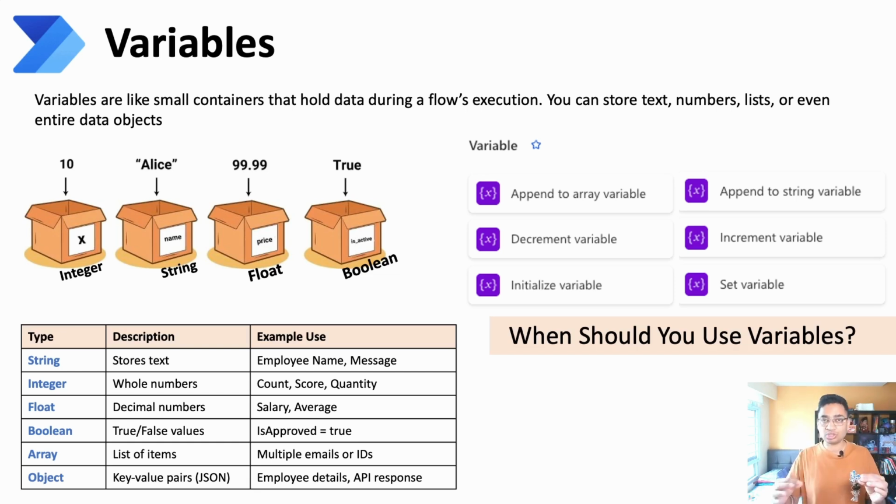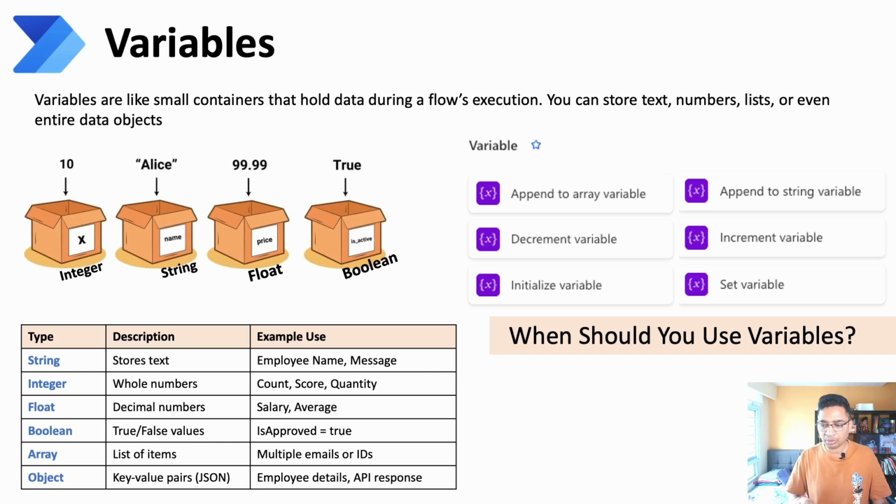You also define the name of that variable, because you will be referring to this variable throughout your flow using this particular name. So that is also very important. And during the initialization of the variable, you can define a default value for it. You can leave it blank as well, that is also fine.